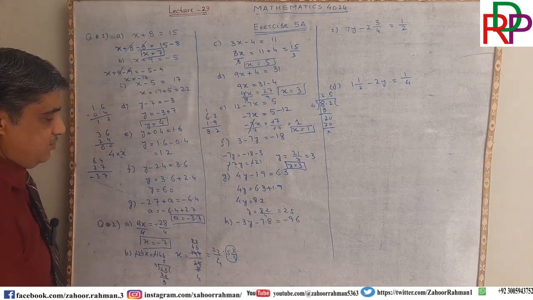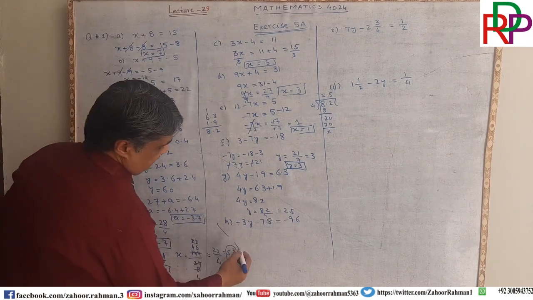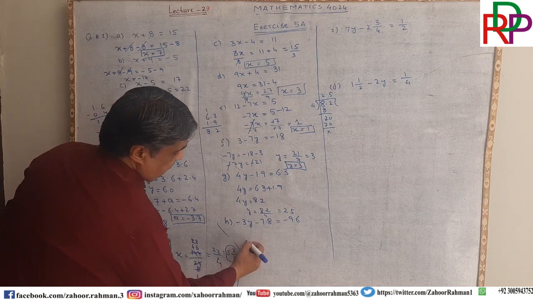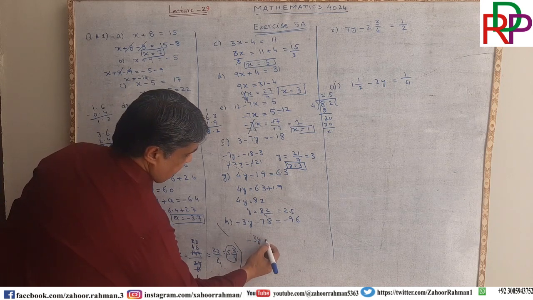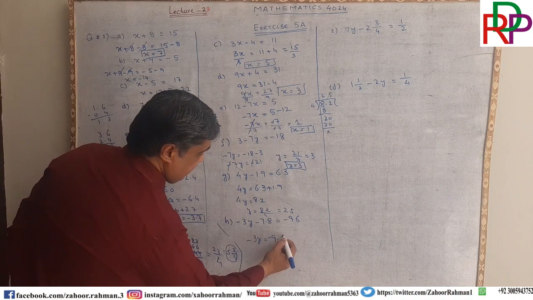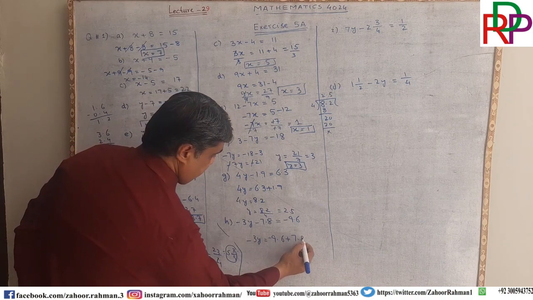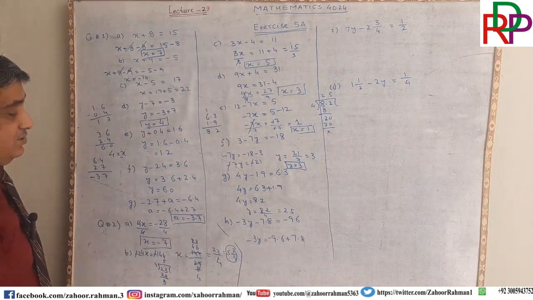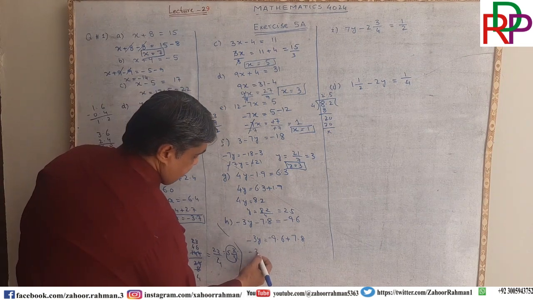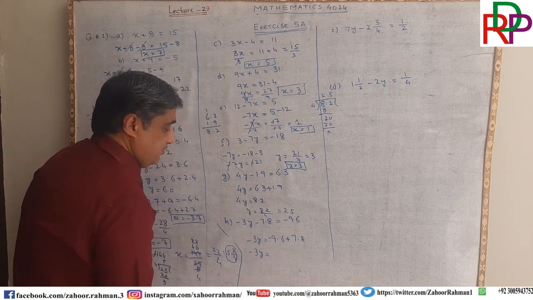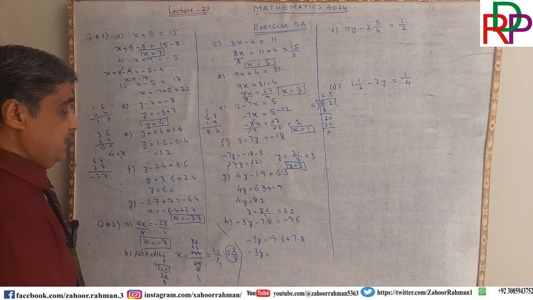Now we are doing this question. Minus 3y is equal to minus 9.6 plus 7.8. So that will be minus 3y is equal to minus 1.8.